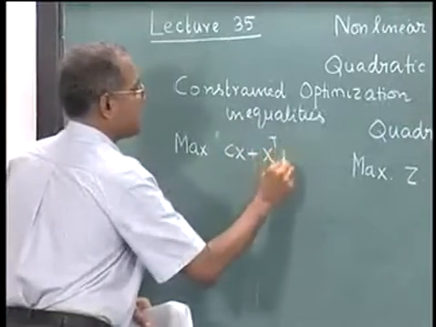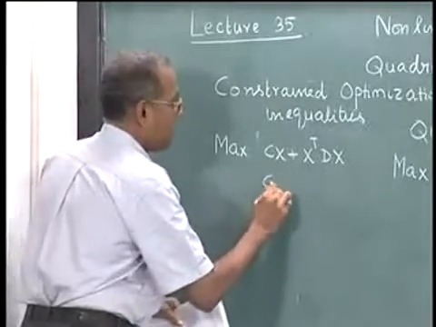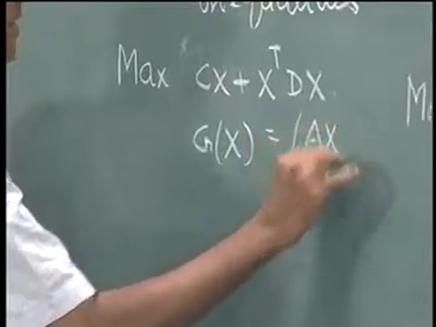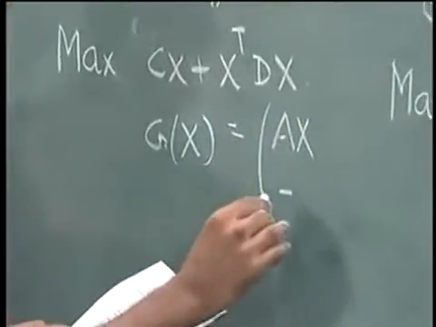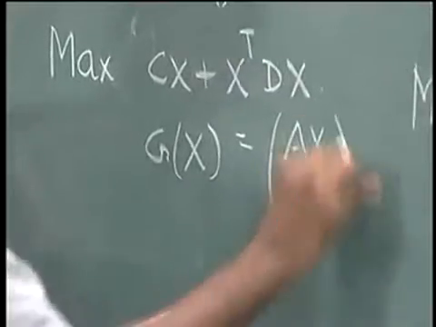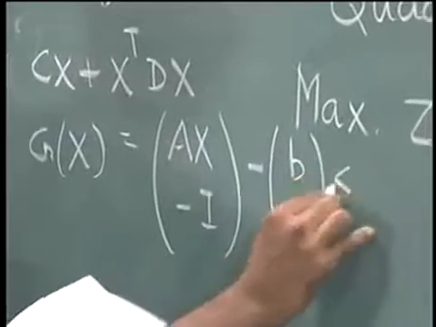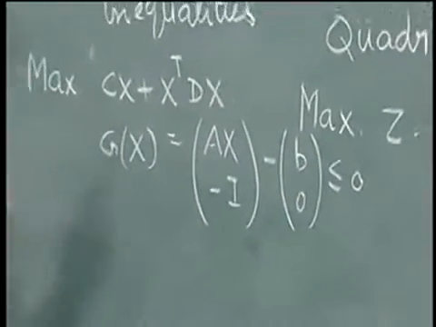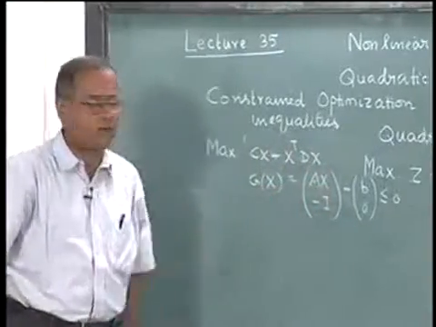Cx plus x transpose Dx, subject to the condition g of x equals Ax minus b less than or equal to 0. Now the Kuhn-Tucker conditions were derived for g of x less than or equal to 0.